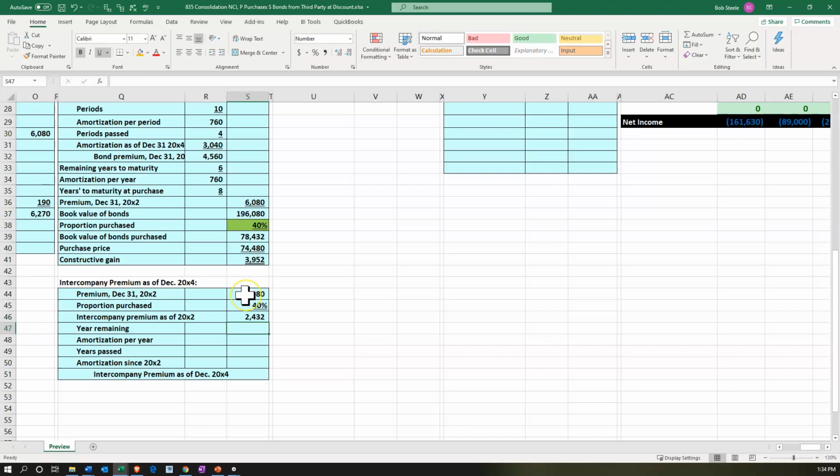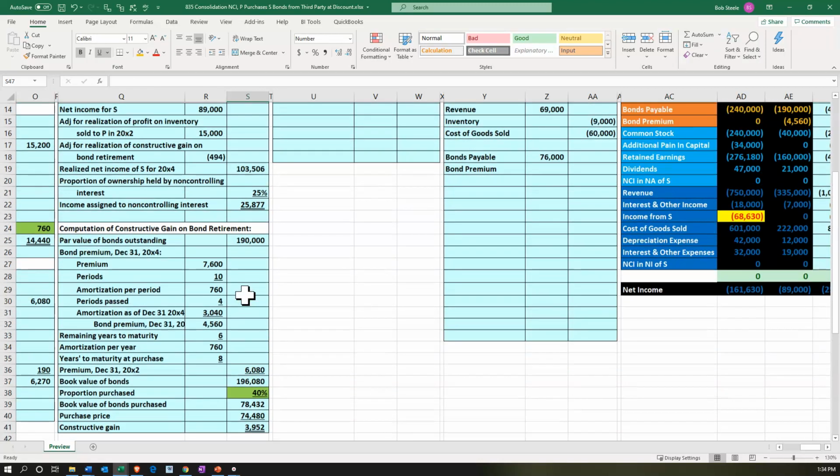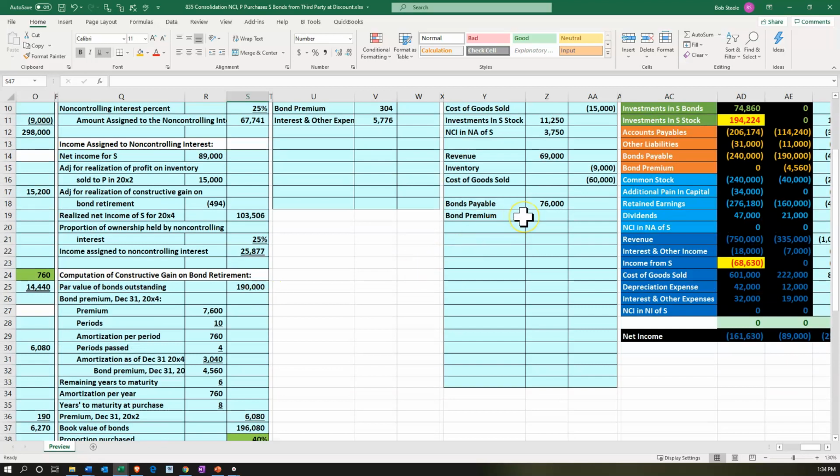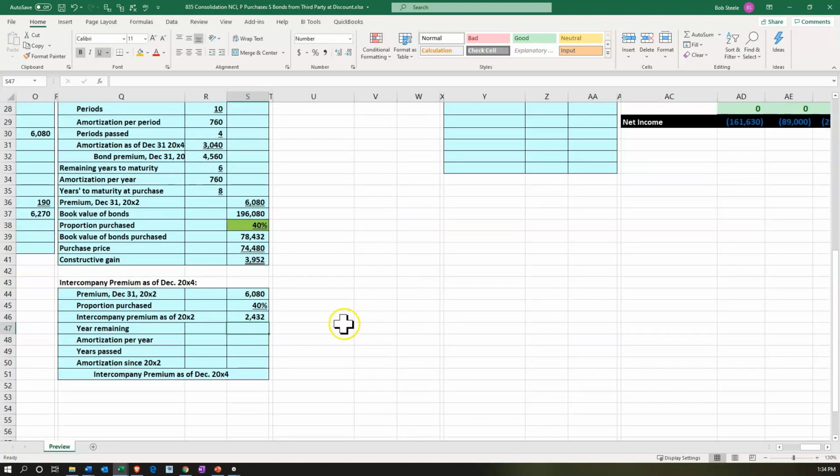Now, where did we get the 40%? Remember, that's the portion of the 76 over the 190 of the total difference. It's the ratio that is applied to the intercompany transaction. So then we have the 8 periods. The periods remaining are going to be 8.